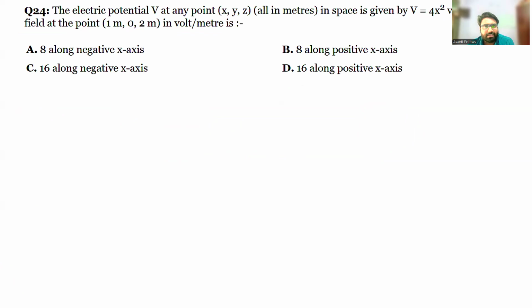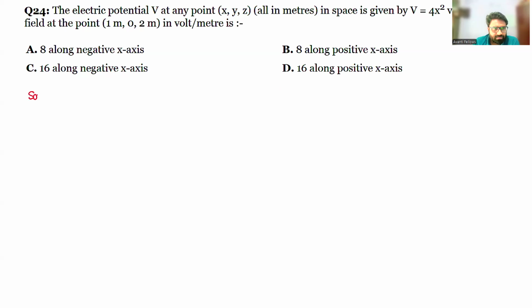The electric potential V at any point x, y, z, all in meters, is given by V equals 4x square volt. The electric field at the point 1, 0, 2 in volt per meter is.